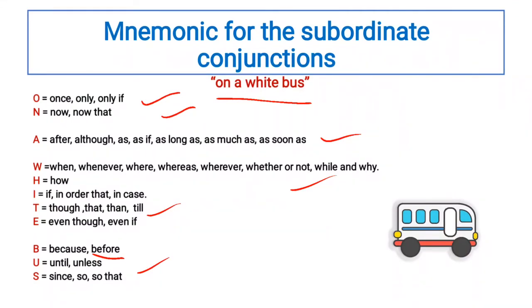And if you are talking about purpose, then we can use the subordinating conjunction so that. And for consequences or for result, we use that. And for condition, we use if. For concession, we use though. For comparison, we use than. So, this is how you can classify your subordinating conjunctions as per your requirement in the sentences.